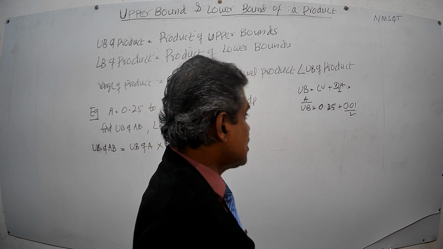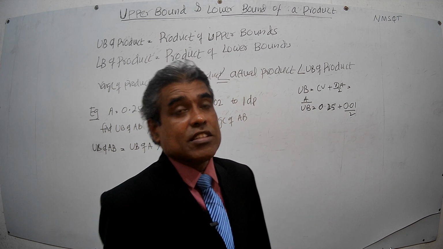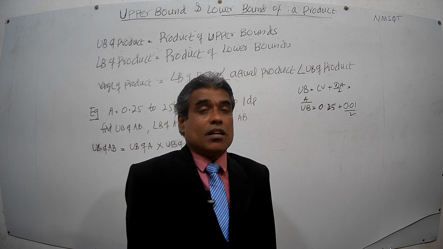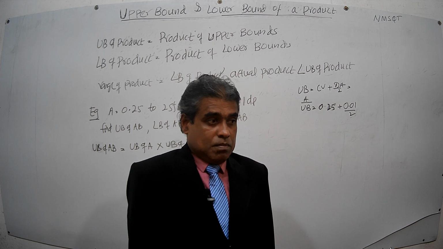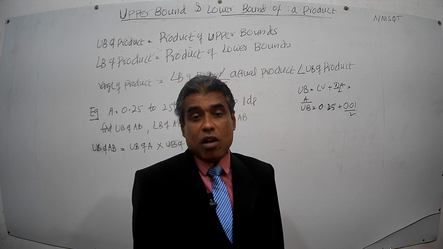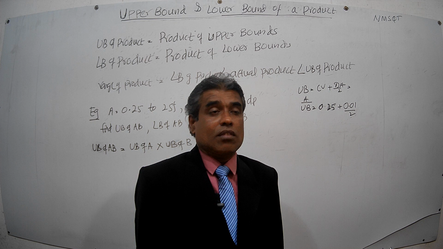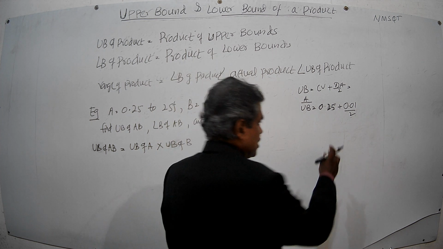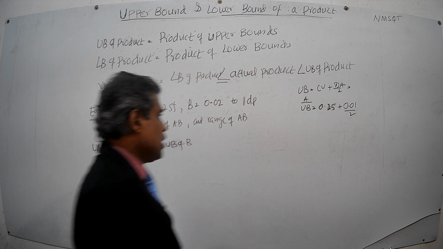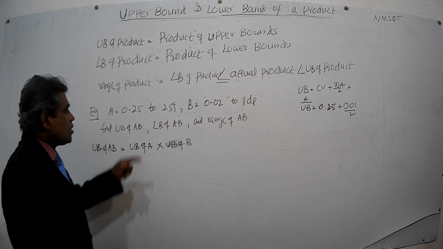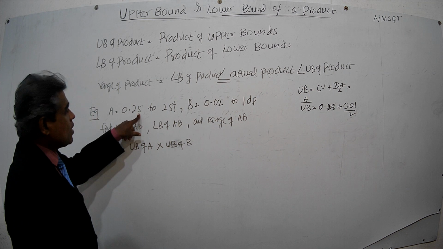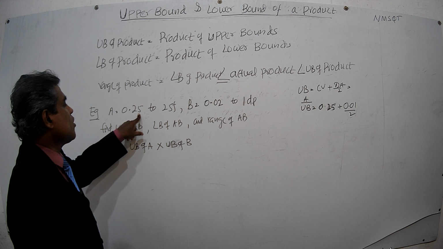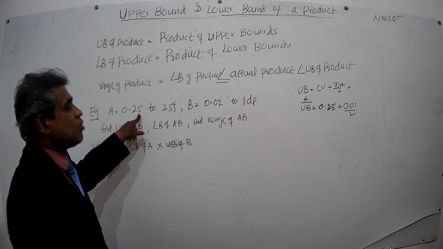Go to the playlist and see. You get a video with the title finding upper bound and lower bound of the numbers corrected to decimals. Go to that and see, right? You will learn all these things. When the second significant figure is the second decimal, then the degree of accuracy that must be taken is 0.01, right?